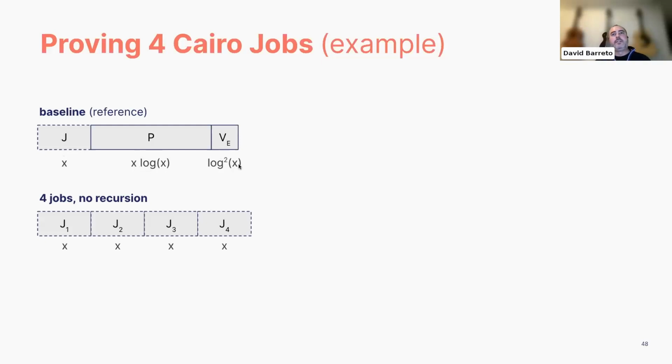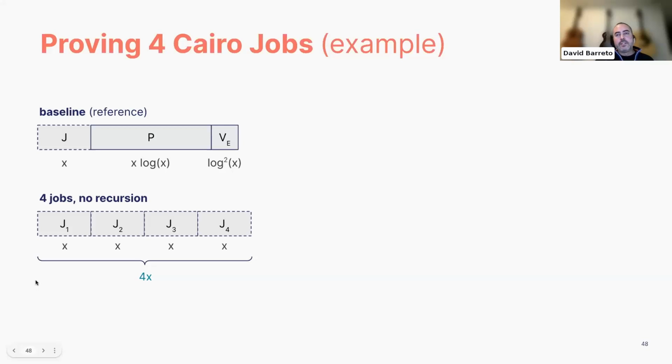That's the baseline. When we have 4 jobs, let's say first scenario, what if we try to execute all these things and prove them in sequence? So now, instead of having a single X, the effort will be 4X, right? Because now you have these 4 Cairo jobs that need to be proven.